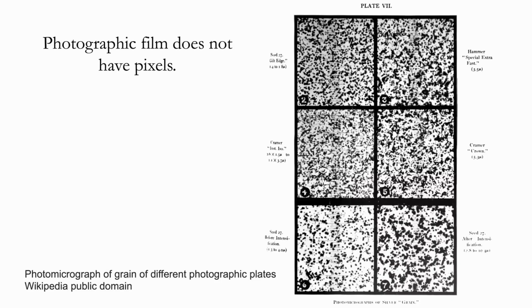So, to understand some real basics here: first of all, photographic film does not have pixels. That's a little bit difficult to understand once you get this far into the computer revolution. Each photograph is a one-up artifact.